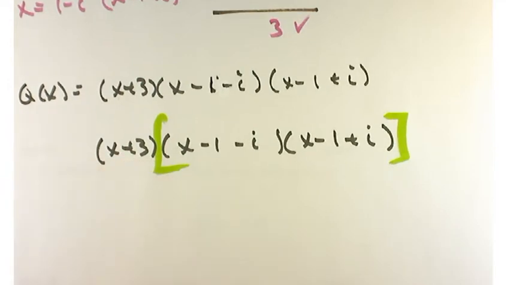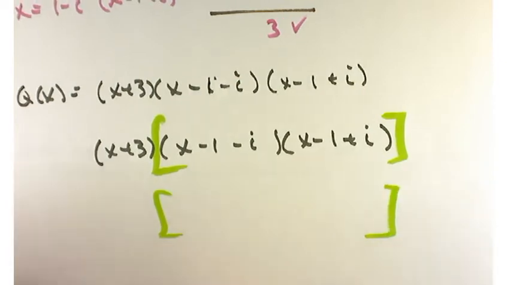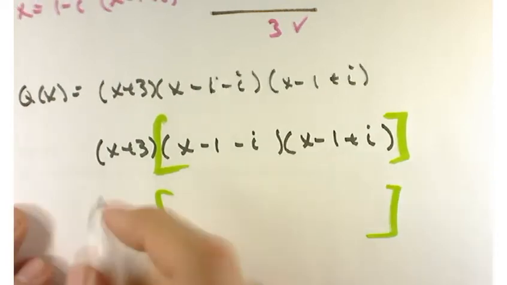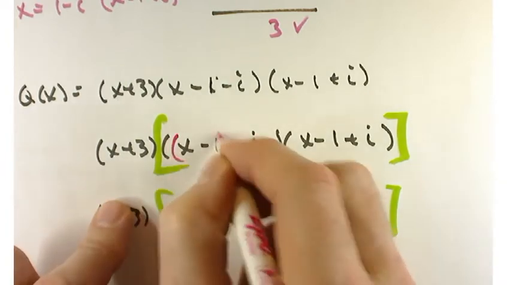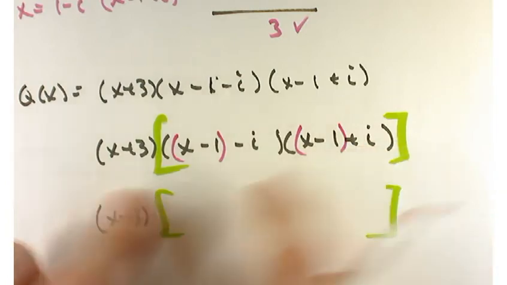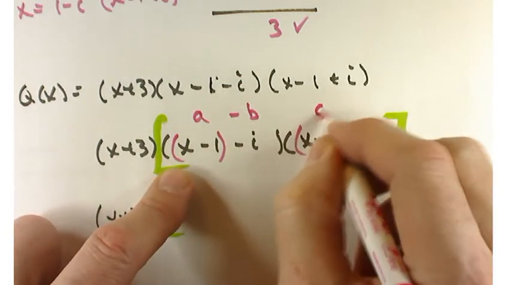And within that context, let's play the same game we did the last time, and that is regard this as being of this form, where I've got a minus something and a plus something.